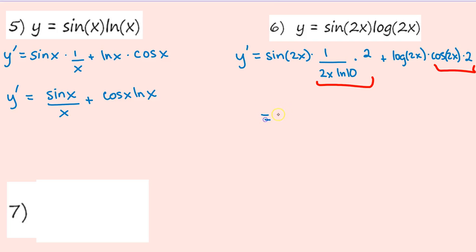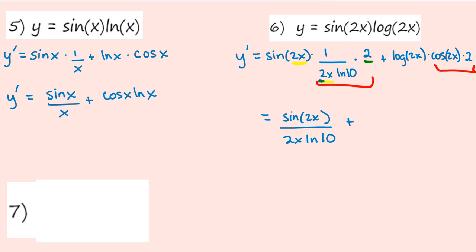So let's see, what can we do? Make sure you're aware that this 2x cannot cancel with this 2x, because this top 2x is inside the sine function, this bottom 2x is not inside the sine function. So those don't cancel. So what we can do is just write it as a fraction, sine of 2x over 2x natural log 10 plus, oh, guess what I didn't notice?